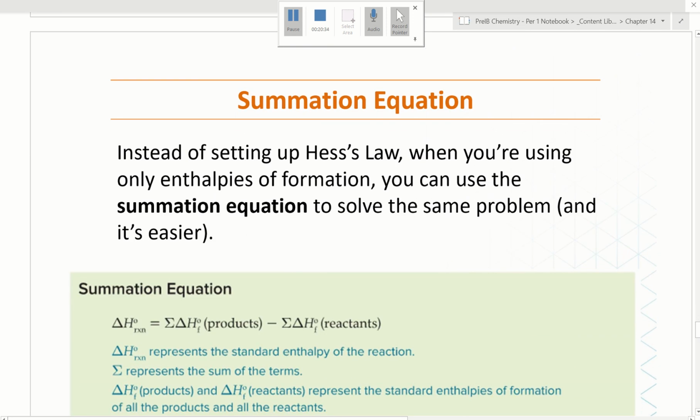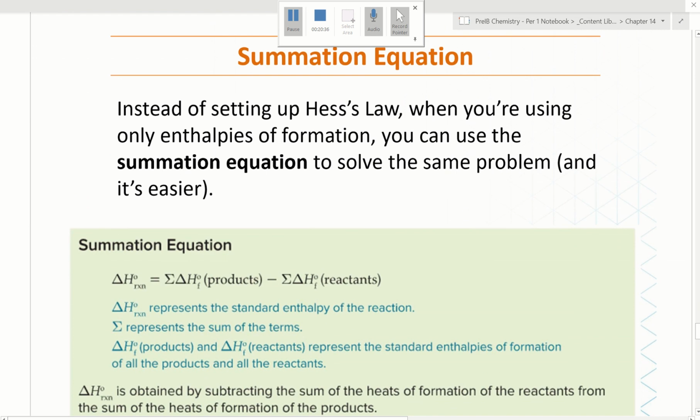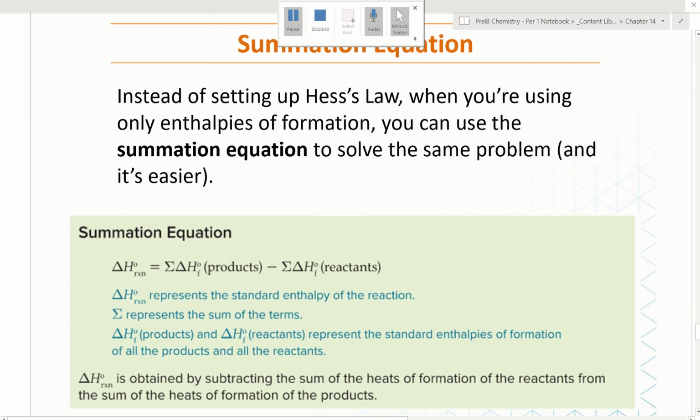An easier way to do this is what's called the summation equation. The summation equation just says that the delta H for any reaction is equal to the delta HFs of the products minus the delta HFs of the reactants.